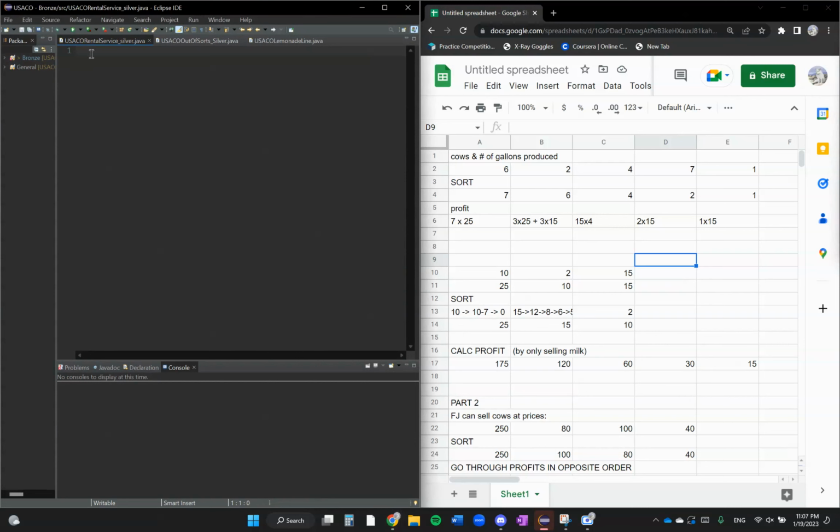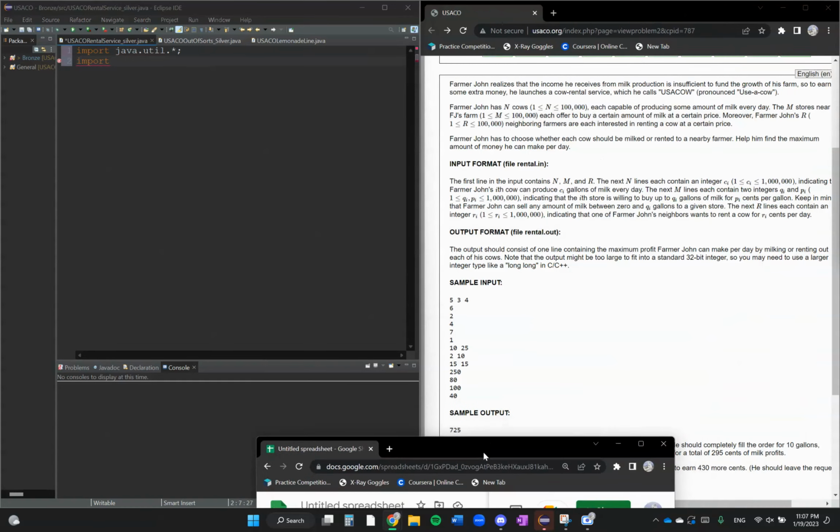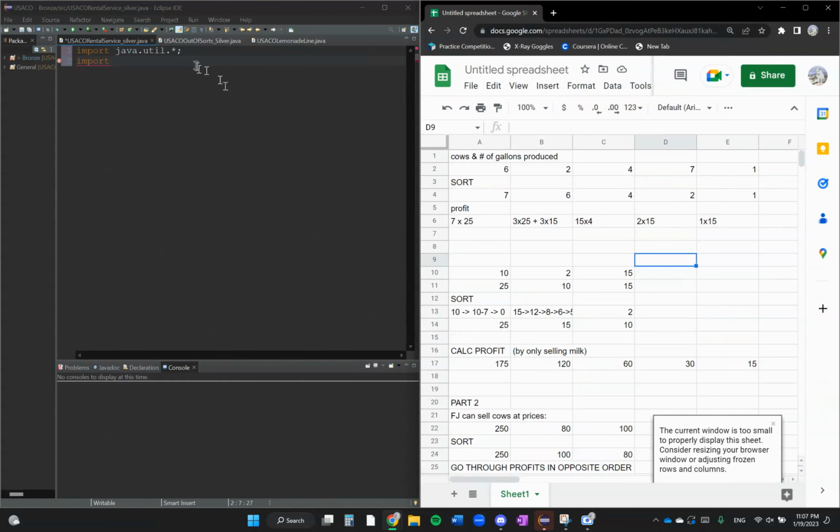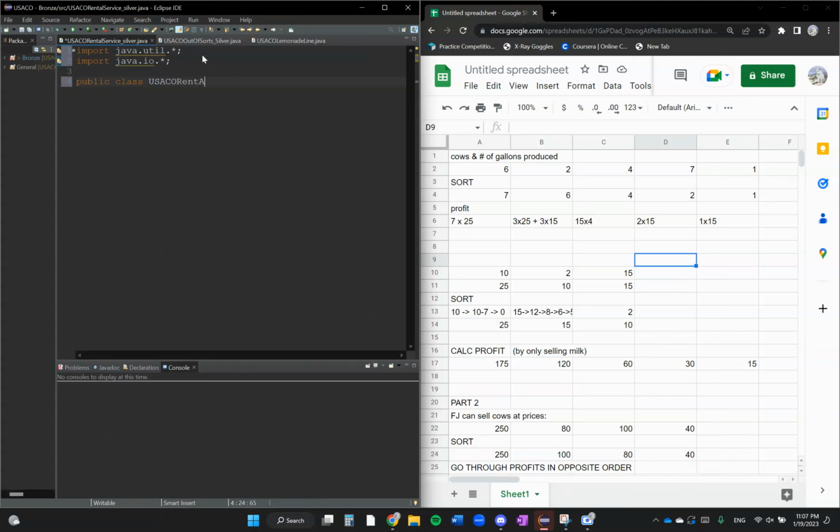Okay, there you go. So first of all, we import java.util and java.io, and I think we need to use a scanner, and we need to use a file reader. Class USACO rental service silver.